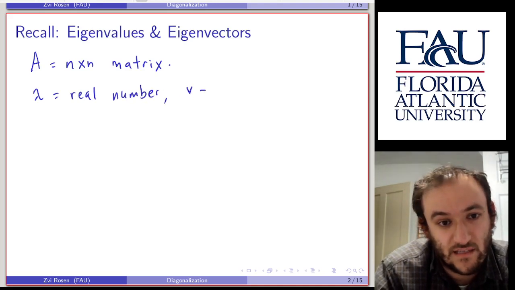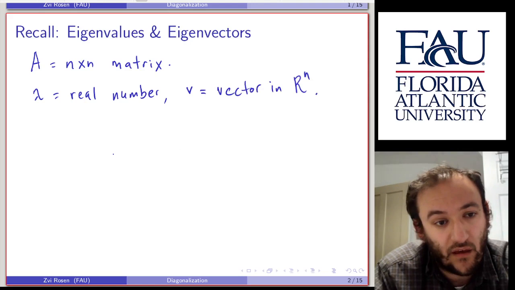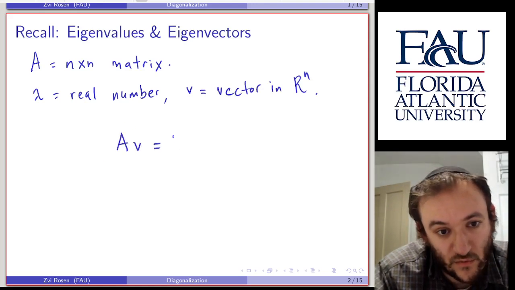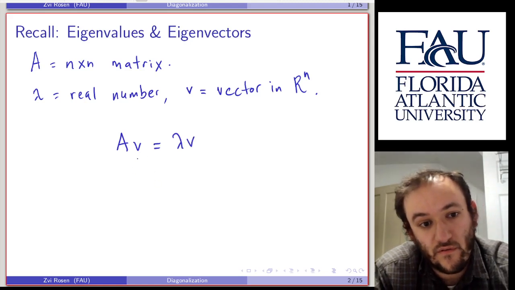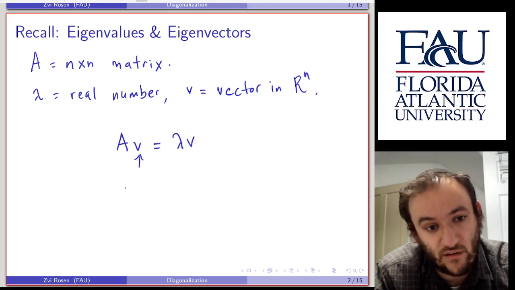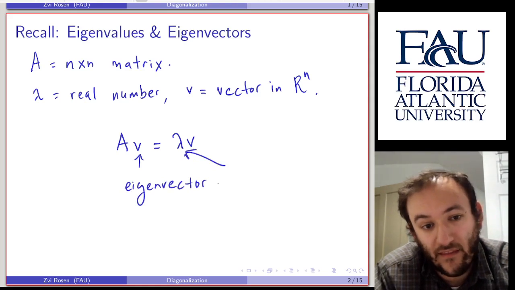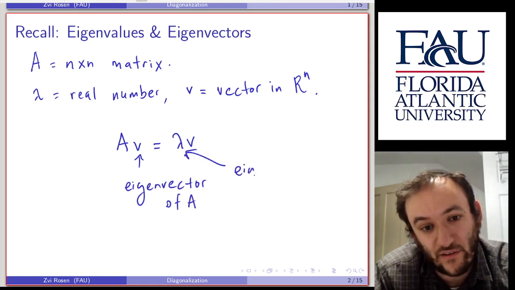And V is a vector in Rn, satisfying the following relationship: AV equals lambda V. So this vector is called an eigenvector of A, and this is an eigenvalue of A.